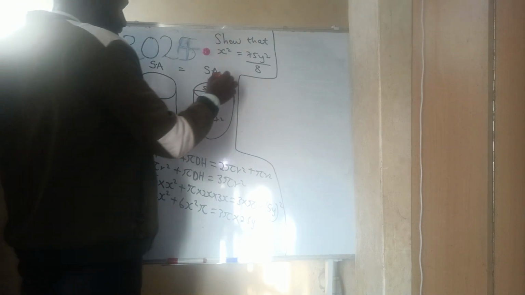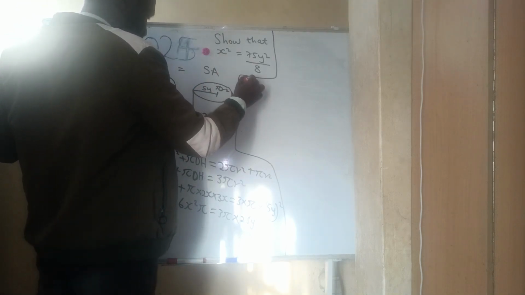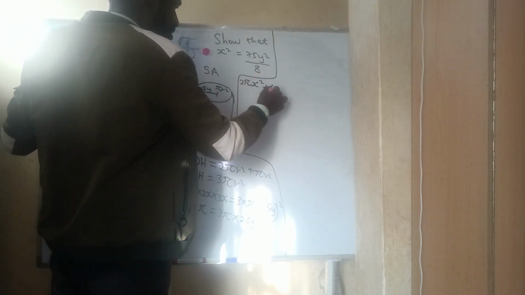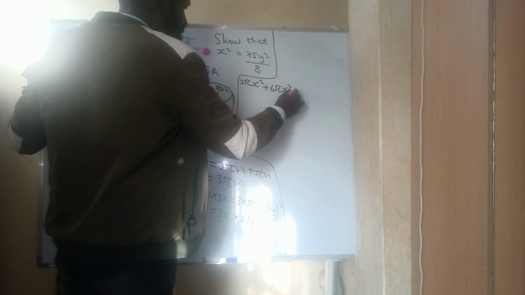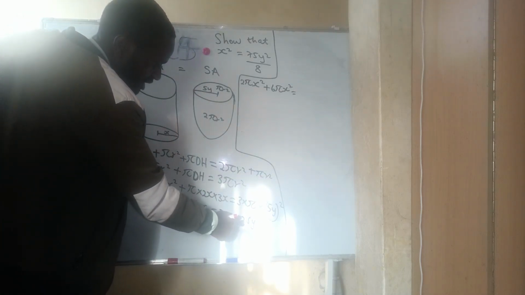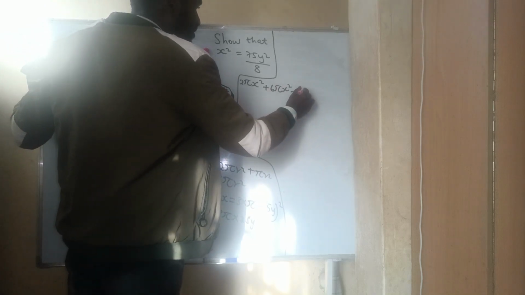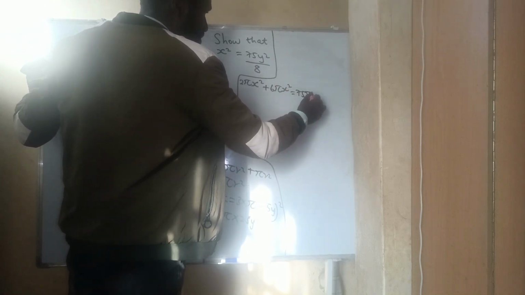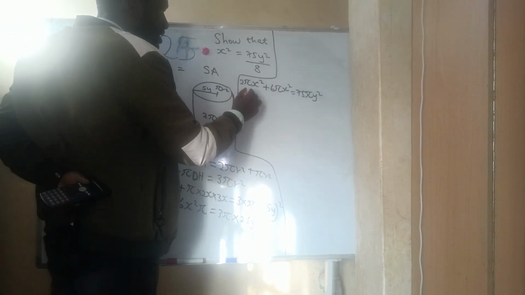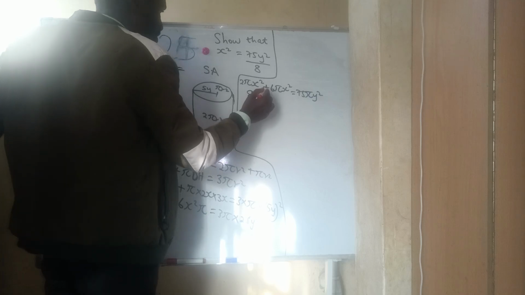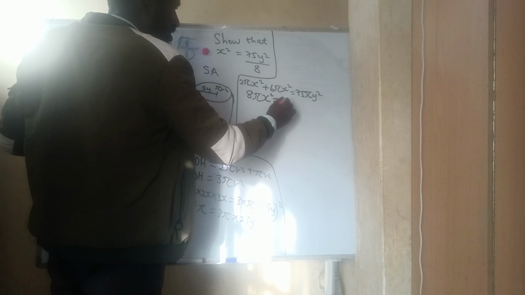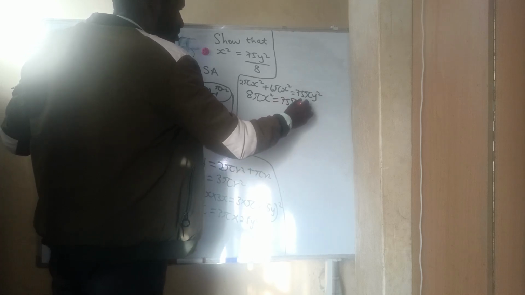So we have 2 pi x squared plus 6 pi x squared, which should be equal to 3 times 25. That gives us 75, so it will be 75 pi y squared. Then we can combine these two, because they are like terms. We shall have 8 pi x squared equal to 75 pi y squared.